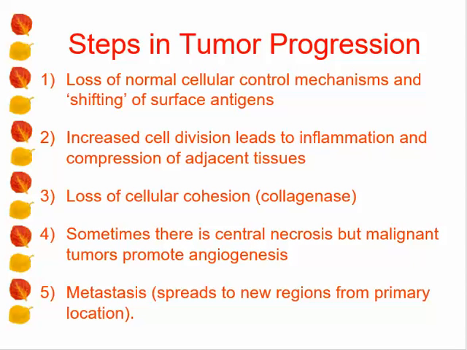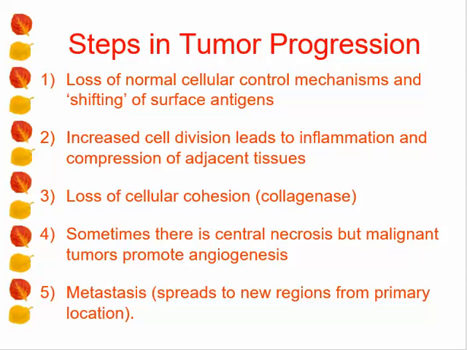It could be a number of things. But when they lose control, we get increased cell division. So mitosis starts happening more quickly than it should. That growth leads to compression of adjacent tissues and usually inflammation, because the adjacent tissues start to get damaged. And then the inflammation causes more cellular proliferation, because that's one of the things that inflammation does.